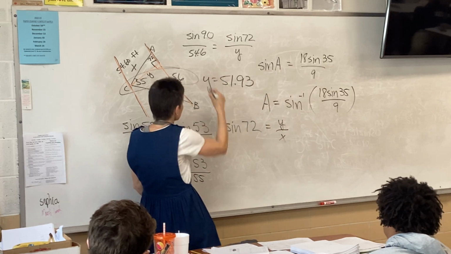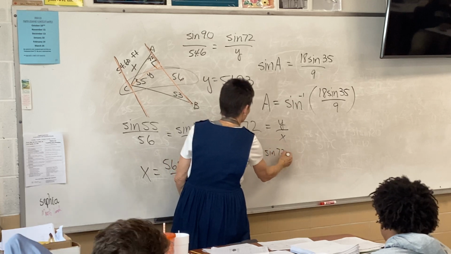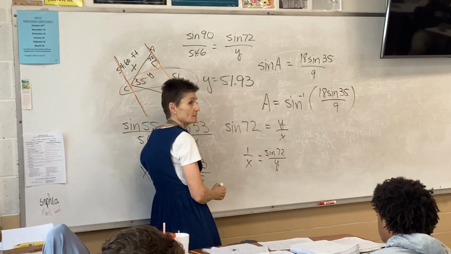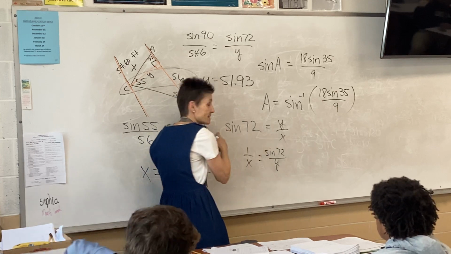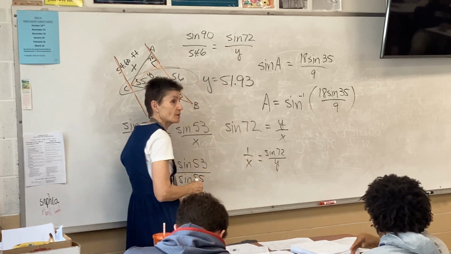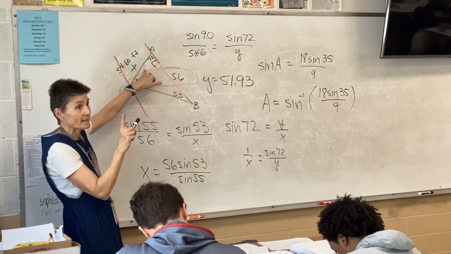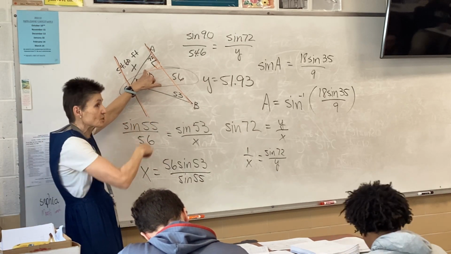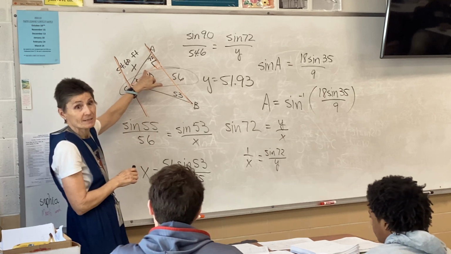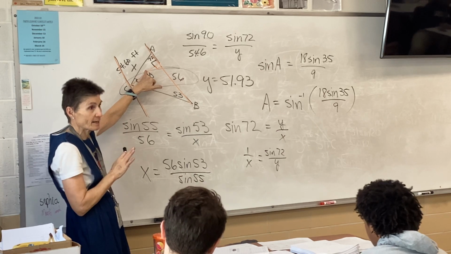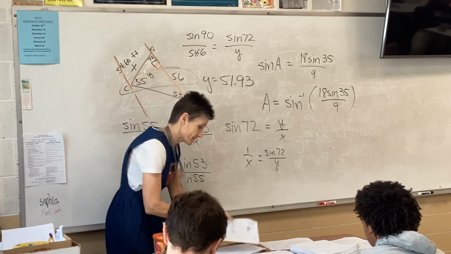So if I do this, I've got 1 over x equals sine 72 over y. Those are the same equation. Okay, yeah. If you multiply this x over them, those are the same. Alright. So anytime you have a right triangle, you can go back to SOHCAHTOA. You can also use the law of sines. It works at every triangle, okay? All right, next.